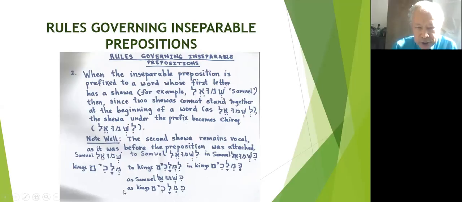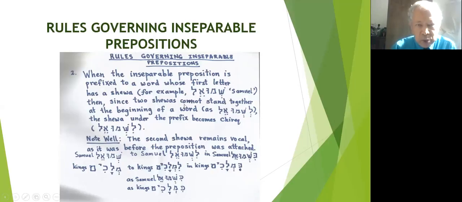So that same principle applies in other nouns, like to kings, you have le Melakim. In kings, you have be Melakim. This is supposed to be a short hirik. The ink got away on the paper, so the dot looks bigger than what it should be. This is be Melakim, in kings. This is ke Melakim, as kings.